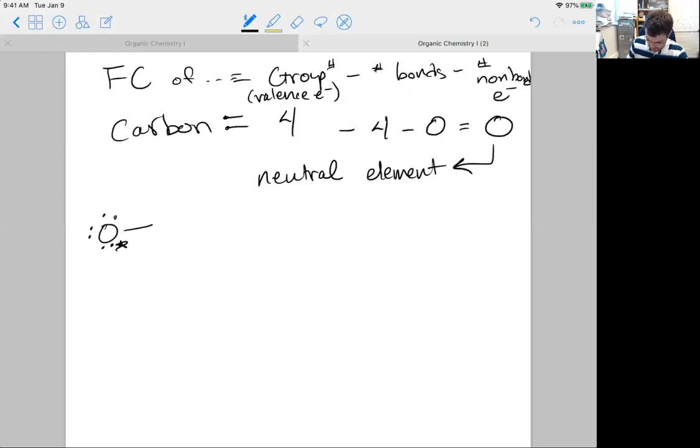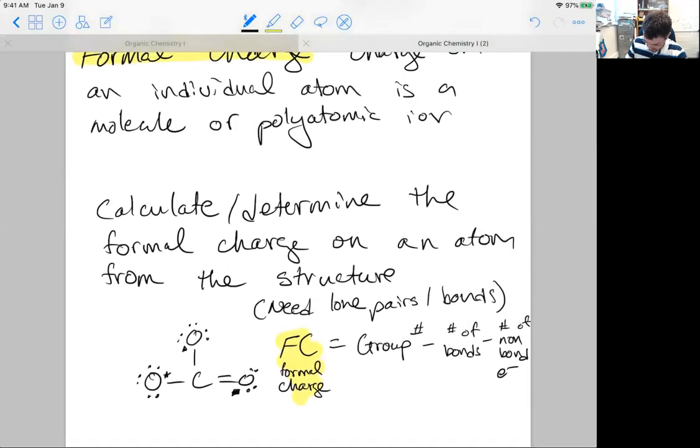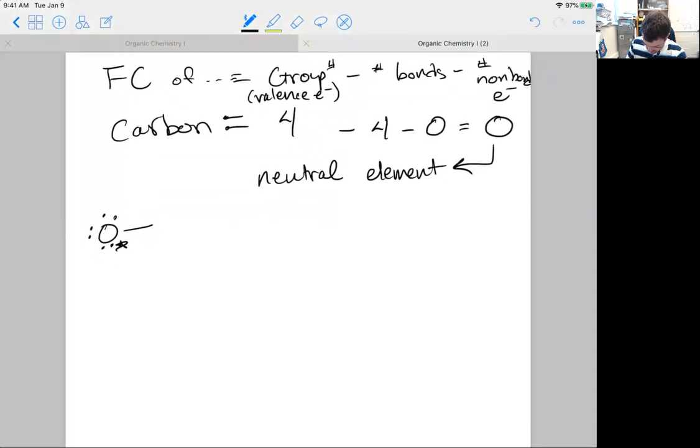Now for oxygen, we have triangle, star, and square. The star and triangle look like this, and the square looks like this without that extra pair of electrons. Oxygen in every case is group 6.